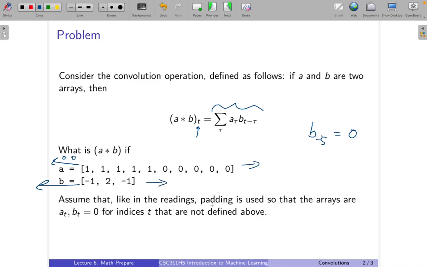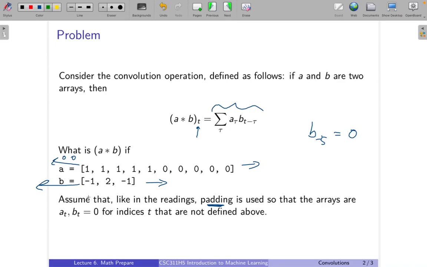This is sometimes called padding in machine learning. And in practice, machine learning libraries will ask you to explicitly define any padding that you are using. But we're just dealing with mathematical convolution here. So let's just assume that we can index B at -5, for example.